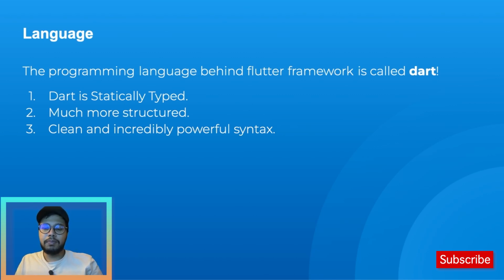But what makes Dart different from these popular languages such as Java, C Sharp, or C++? As I mentioned earlier, Dart is statically typed. So are Java and C Sharp. What do I mean by statically typed? It means you define the type of a variable once, and you cannot change it later on. Let's say that I want a string type of variable.